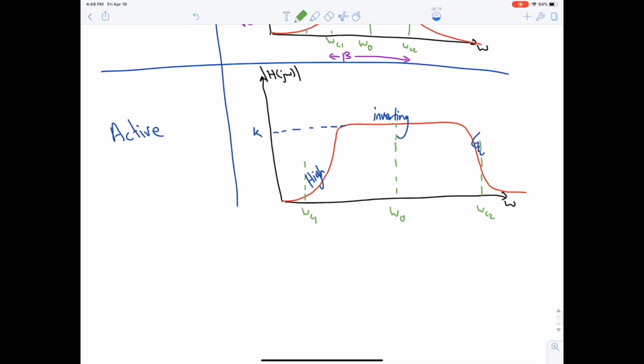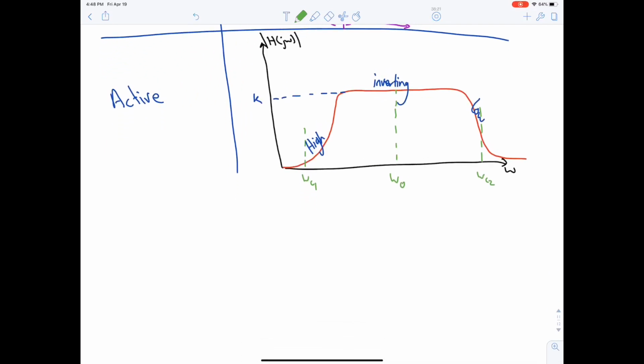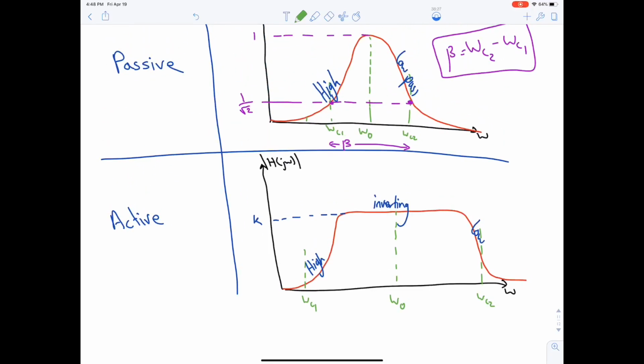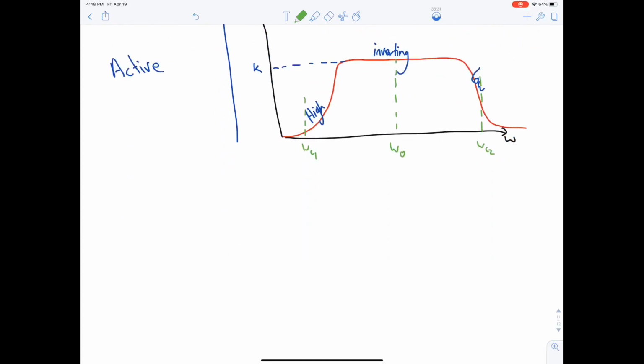Now, what's the difference between active and passive? In the passive filter, there isn't a very big difference between omega C2 and omega C1. Whereas here, omega C2 is much greater than omega C1. When we're calculating beta, it's omega C2 minus omega C1.